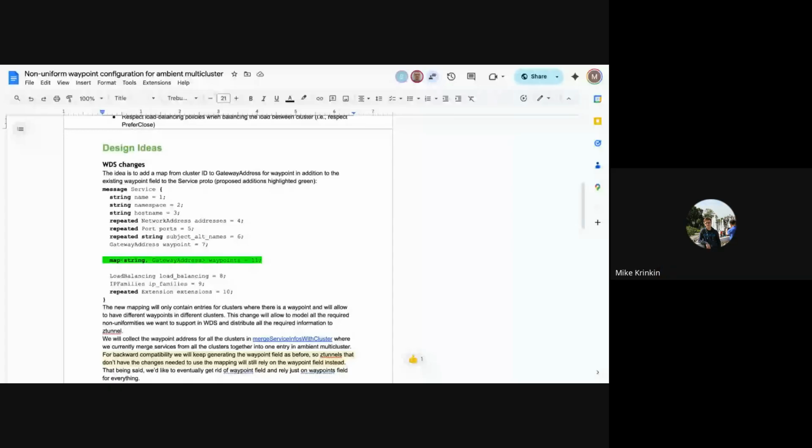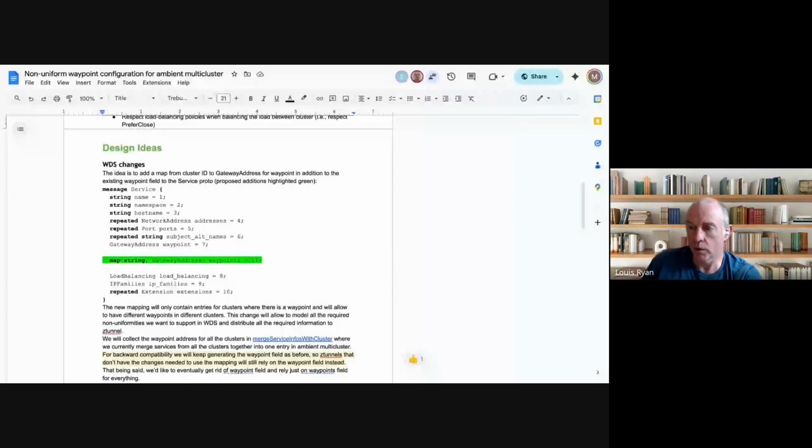So it's still going to be a mapping from network to whether there is a waypoint behind that east-west gateway. Yes, there's still a two-level lookup for sure, but it's not replicating nearly as much state. zTunnel says, I want to talk to the waypoint behind you, east-west gateway, for this service.